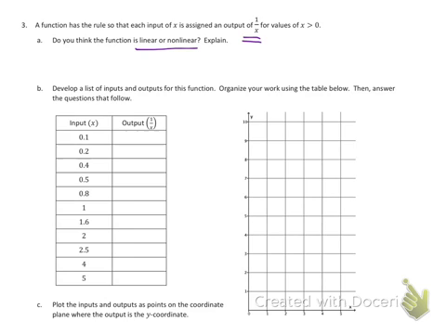Okay, so let's start looking at some of these inputs and outputs. So if x is 1/10, then 1 over x would be 10, because 1 over x is the reciprocal of x, okay? 2/10 would be 10 over 2, which would be 5. 4/10 would be 2.5. 1/2, the reciprocal of 0.5, which is 1/2, would be 2.